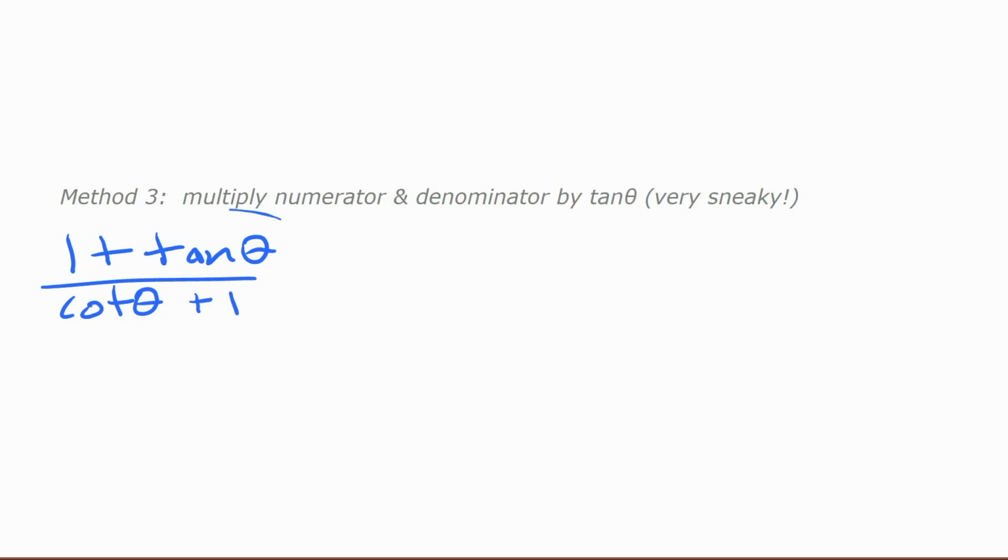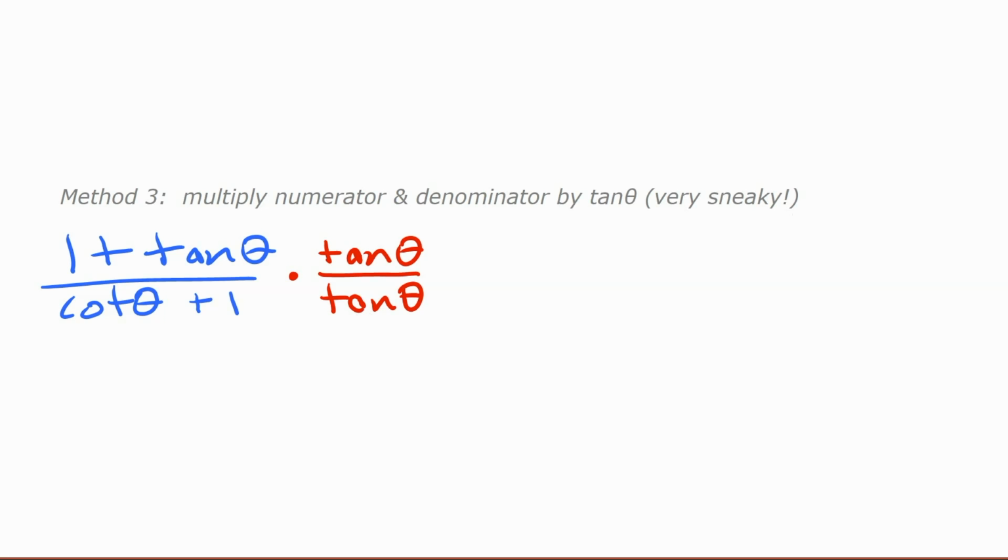Since this only involves tangent and cotangent, and those are reciprocals of each other, what you could try sometimes with fractions like this is, instead of what we did in the first 2 methods, which was making common denominators and then adding fractions together and having a fraction divided by a fraction, and then flipping the bottom one over and canceling a binomial factor, what you might recognize here is if you multiply the top and the bottom by tangent of theta, you'll see that it's going to work out pretty quickly here. And the reason that is, what we're going to do is we're going to multiply it out on the bottom.